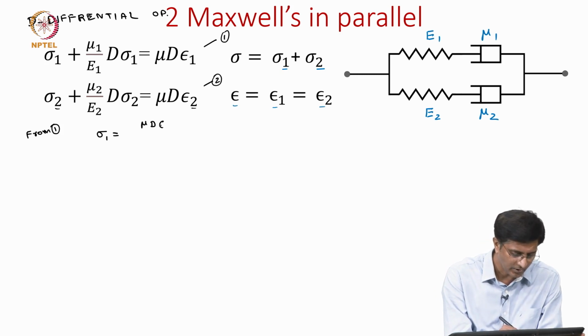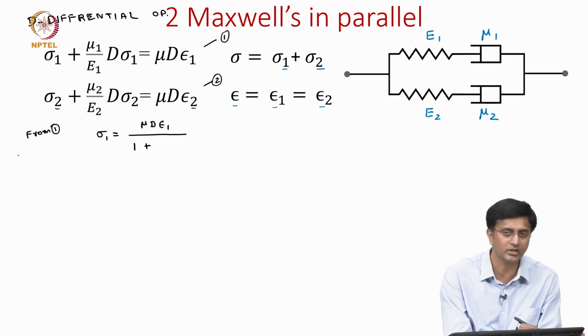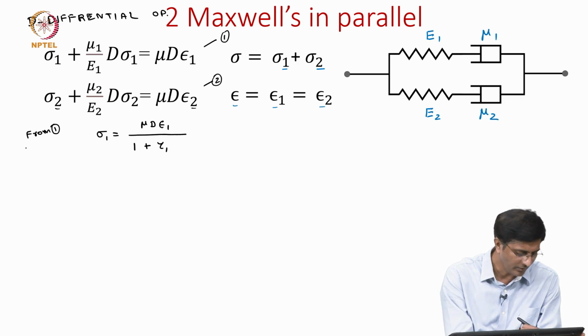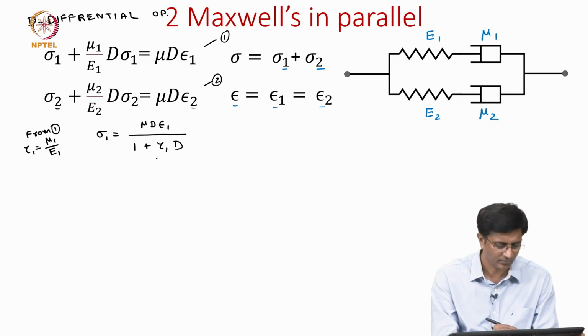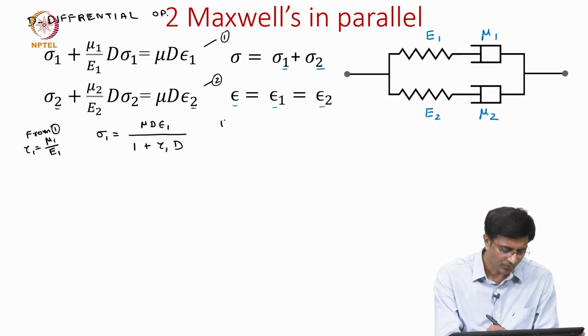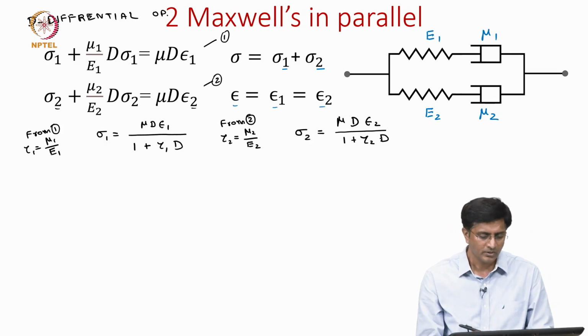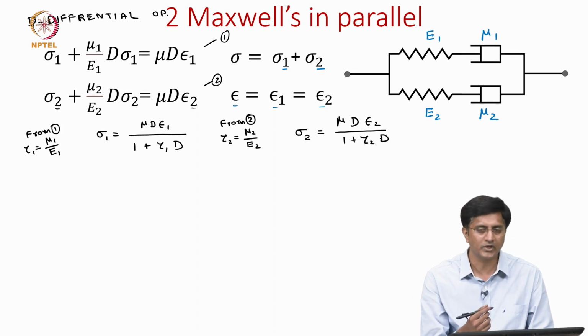So, sigma 1 is mu 1 D epsilon 1 divided by 1 plus, now I will represent mu 1 by E1, which is nothing but the relaxation time, with tau 1, so tau 1 is simply mu 1 by E1, times D. And from equation 2, where we now replace tau 2 as the relaxation time given by mu 2 by E2, I should be able to write the stress sigma 2 as mu 2 D epsilon 2 divided by 1 plus tau 2 times D. These are the extensions to constitutive equations 1 and 2.